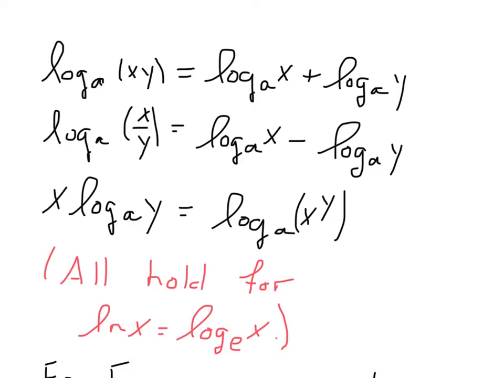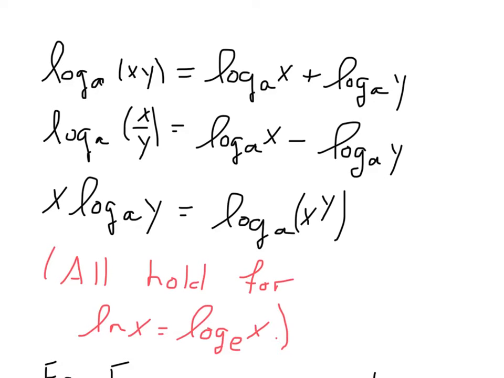And the third one says that if you're trying to take x times the log of y, then you can take this x and move it over here as an exponent on y. So we get to bring that upstairs here. And we actually proved that in class.